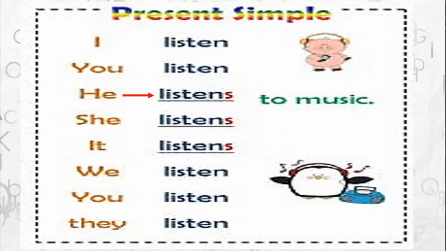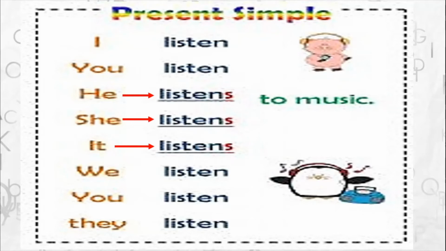But when you're talking about he, then you say he listens to music, she listens to music, it listens to music. Okay, so this is the third person singular. Alright, so in these cases, the verb with the base form takes an s or adds an es.